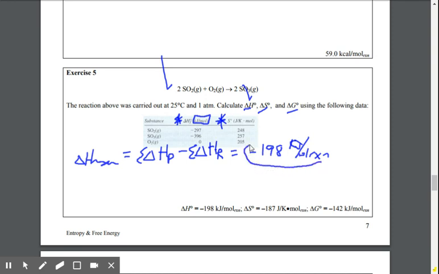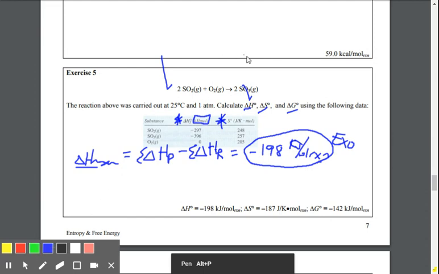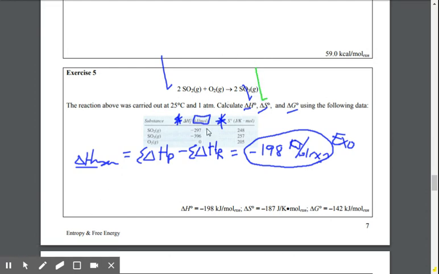Now, the question is, what does that answer indicate about the reaction? Since we're dealing with delta H and the reaction is negative, that is indicating that the reaction is exothermic. Now, for the next part, we want to calculate delta S. So we look and see what's given to me.